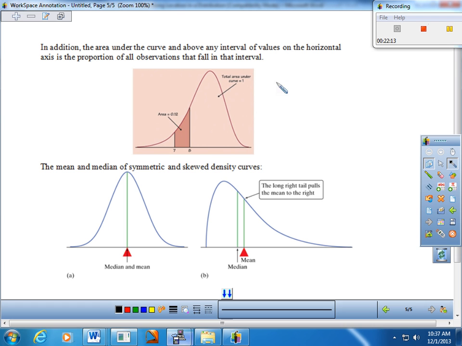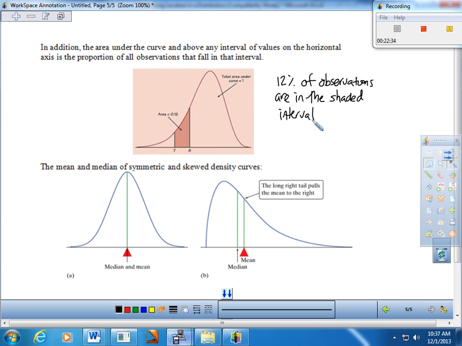So that 0.12 means that 12% of the observations are in that shaded interval. Okay, so I hope that makes sense in reference to the overall density curve. The shaded area right here would represent 12% of the entire area. And so what we would say is 12% of the observations fall in this interval.